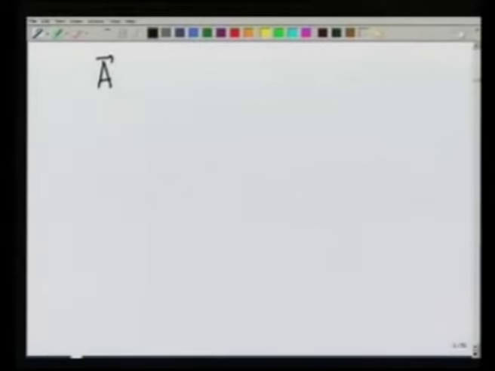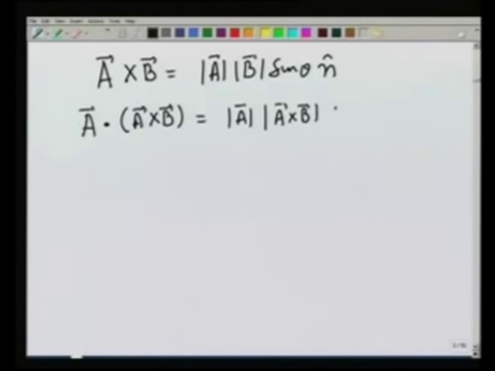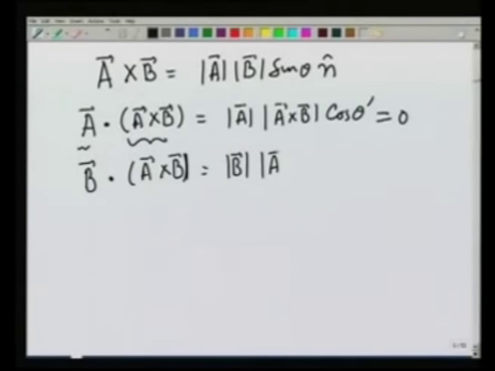Since A cross B is equal to modulus A modulus B sin theta n, where n is perpendicular to both A and B, that means that A dot A cross B, which is equal to modulus of A cross B cosine of theta, let us call it theta prime, because now this is the angle between A and A cross B, should be 0, because A cross B is in a direction perpendicular to A. And so should be B dot A cross B, which is equal to magnitude of B, magnitude of A cross B, cosine of, let us say, theta double prime.